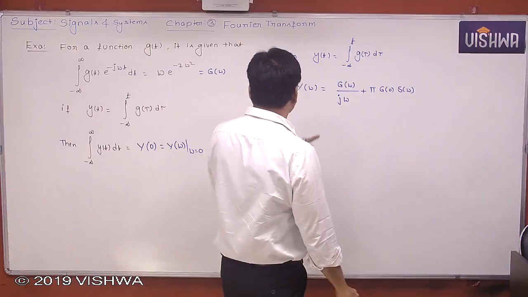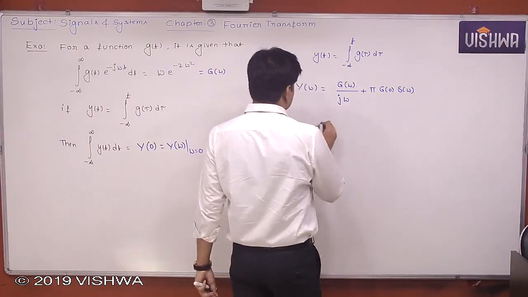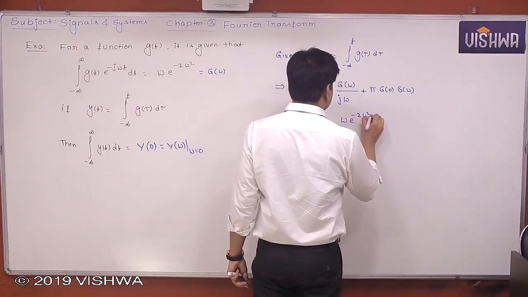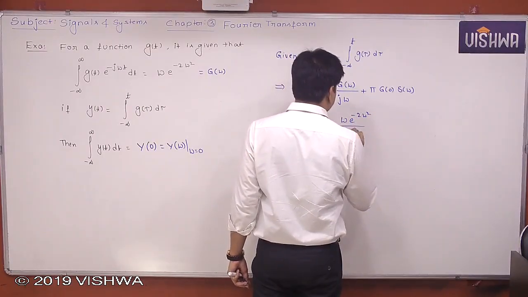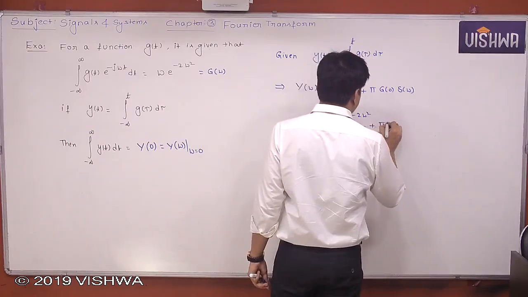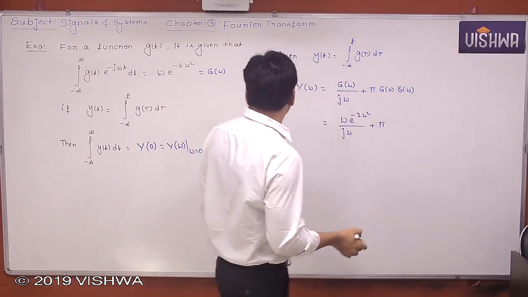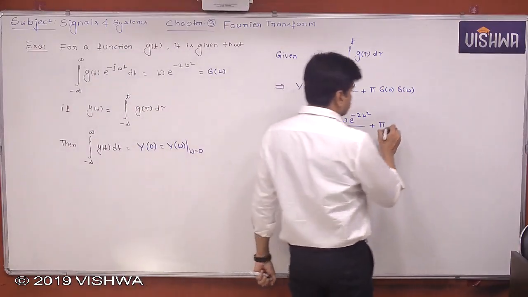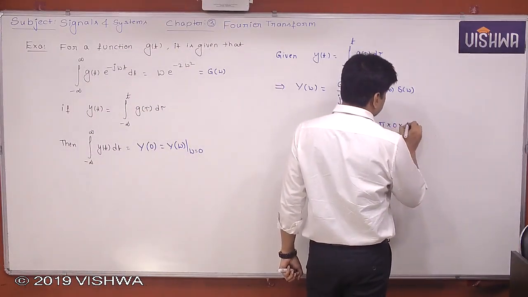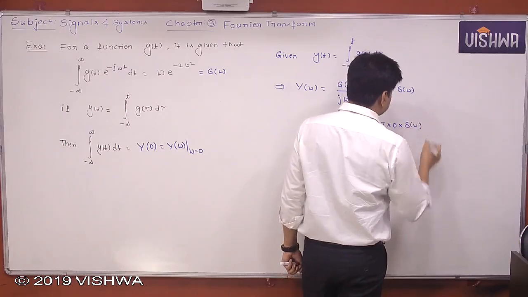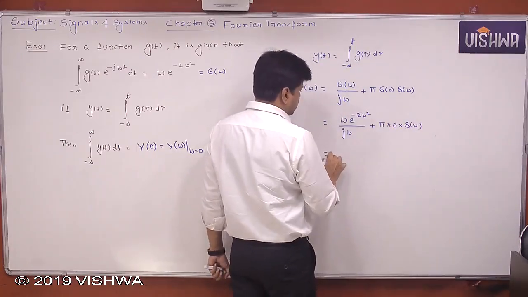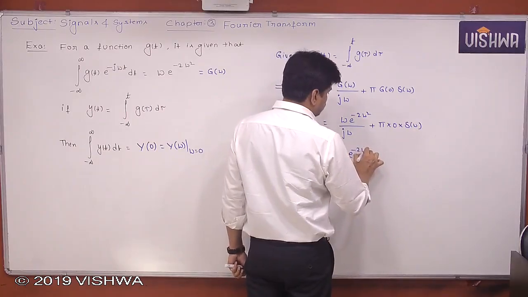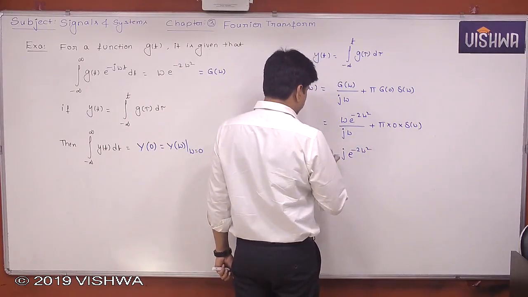Substituting G of omega, this is omega e power minus 2 omega square by j omega plus pi. What is G of 0? If I place omega equal to 0, this value becomes 0, so pi into 0 into delta of omega becomes 0. So finally Y of omega is minus j e power minus 2 omega square.